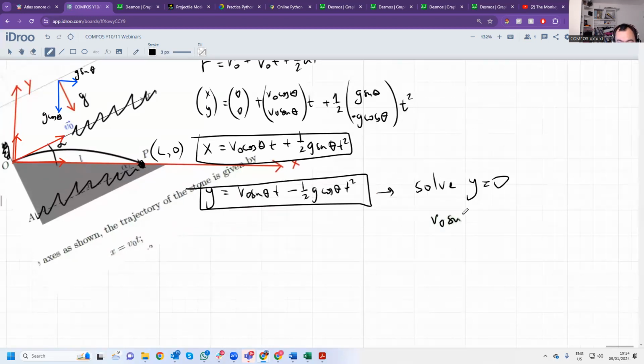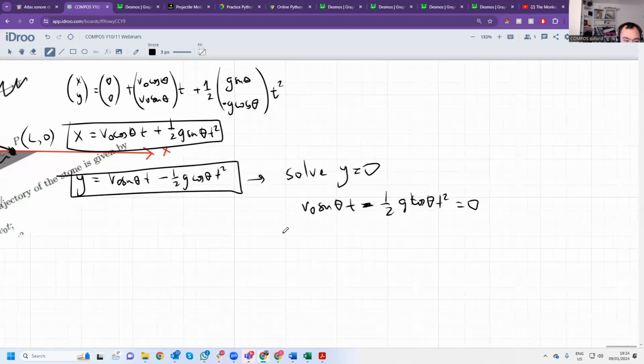So v0 sine theta t minus 1/2 g cos theta t squared equals 0. So either t is 0, or v0 sine theta is equal to 1/2 g cos theta t.